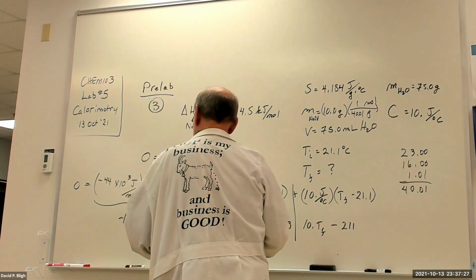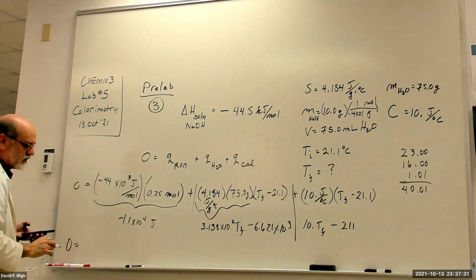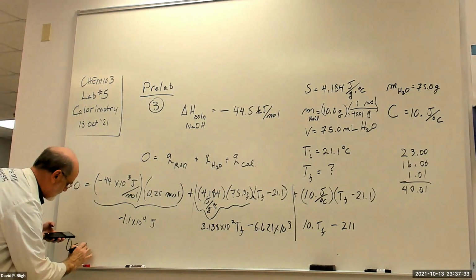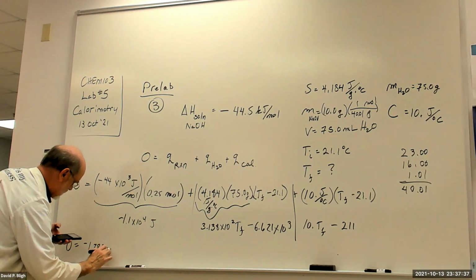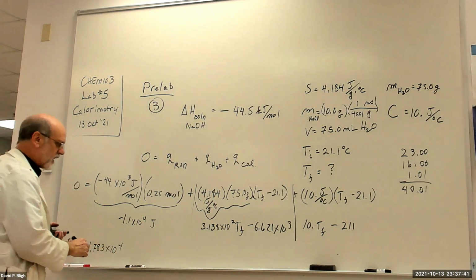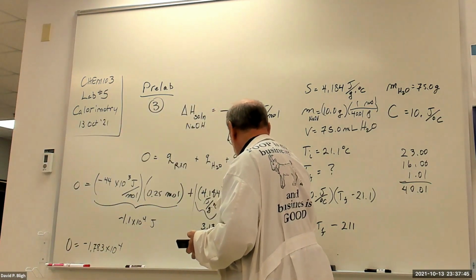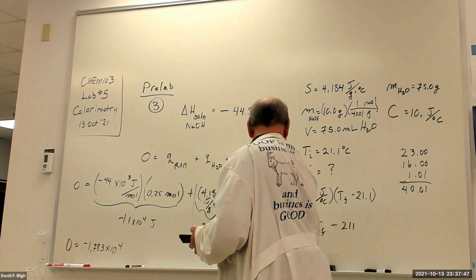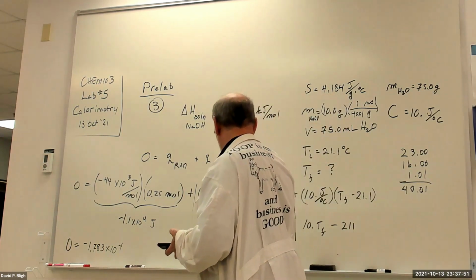So that gives us 0 equals minus 1.783 times 10 to the 4th for the numbers. And then we'll combine these TF factors. There are only 2 of them. So this one plus that one.